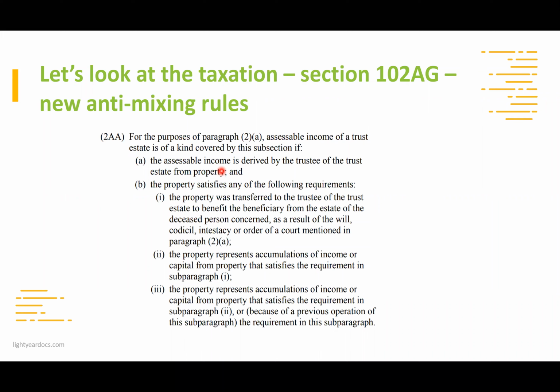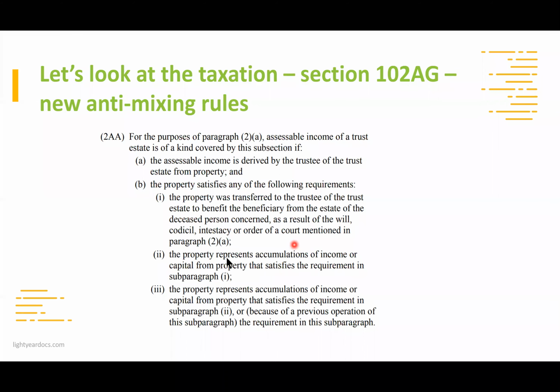That's pretty basic. Now, the property satisfies any of the following requirements. The property was transferred to the trustee of the trust estate to benefit the beneficiary from the estate of the deceased person concerned as a result of the will, codicil, intestacy, or order of a court mentioned in paragraph 2A. So that's just a resetting of 2A, and probably a better description than what I was saying.